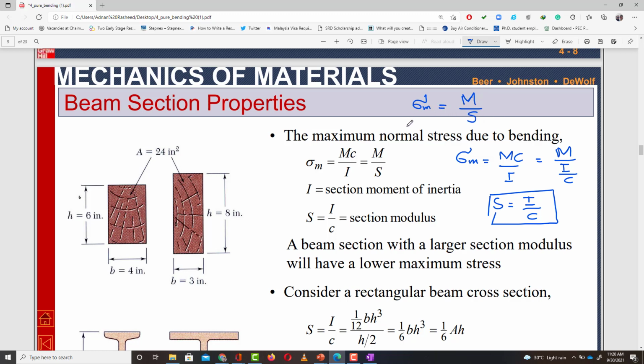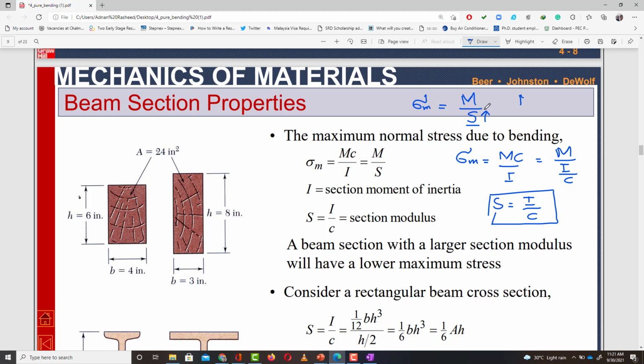Now you want to have minimum stresses in the beam. Clear? So for that you must have higher section modulus. If section modulus is high, then the stresses generated in the beam will be lower. Section modulus is the modulus of the beam.